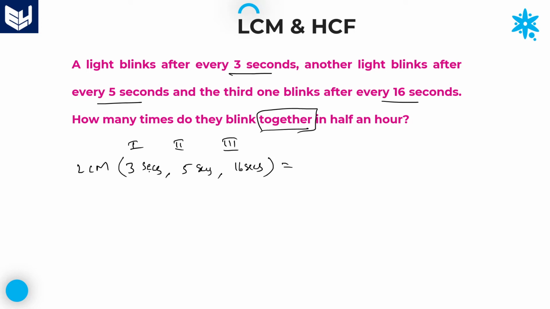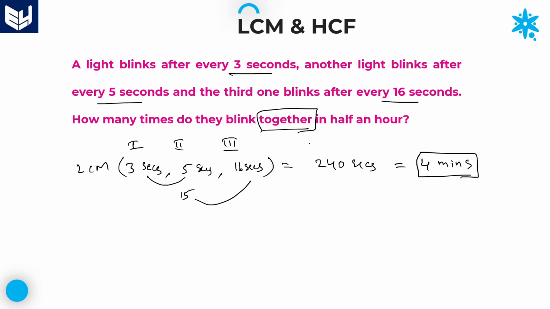All three numbers are different and there are no common factors, so directly LCM of 3 and 5 is 15, and of 15 and 16 is 240. 240 seconds is exactly 4 minutes. After every 4 minutes, all three lights will blink together.